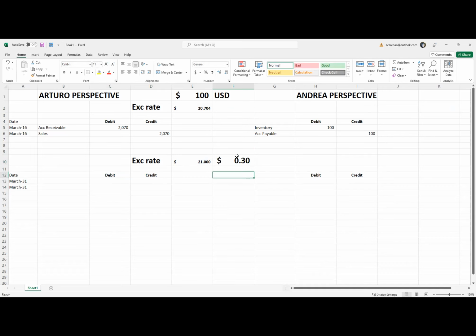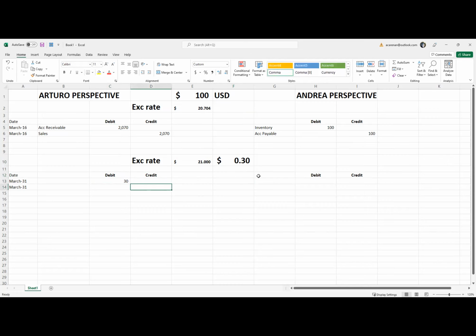Good for you, because you won 30 pesos in this transaction. If you multiply the 100 times this, you earned 30 pesos.